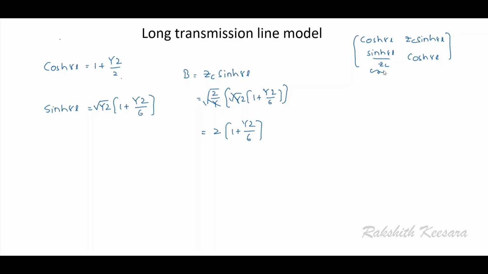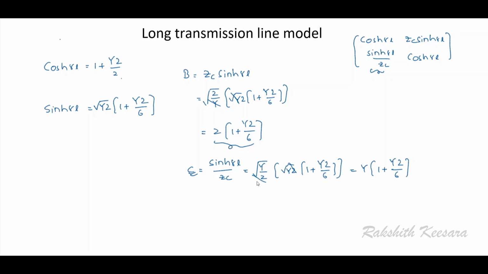Next, let us calculate C. C is equal to sinh γl by ZC, which is root over Y by Z into root over YZ into 1 plus YZ by 6, which is equal to Y into 1 plus YZ by 6, right? So B is Z into 1 plus YZ by 6 and C is Y into 1 plus YZ by 6.